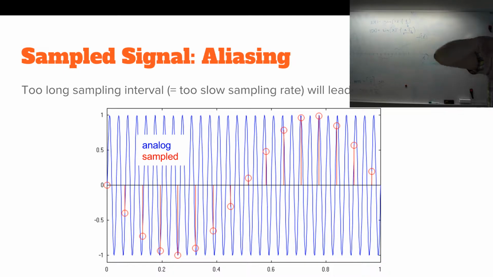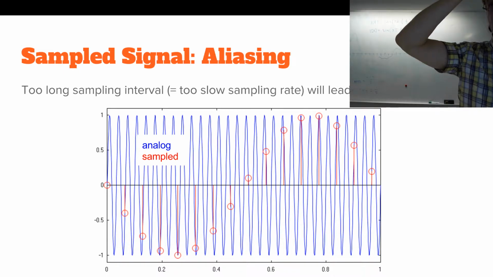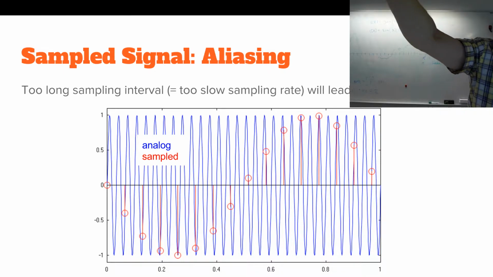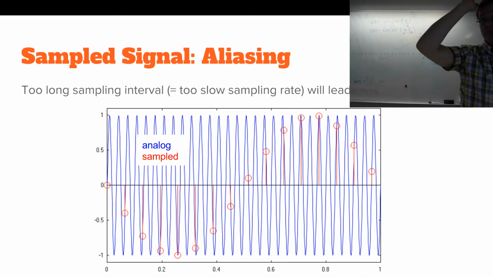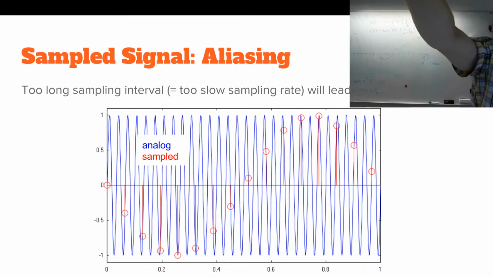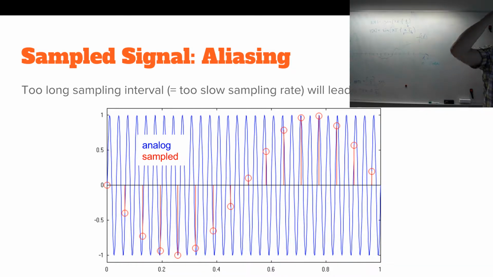The blue one is the continuous time signal, and the red one is the sampled signal, where we have selected the sampling frequency or sampling rate at totally the wrong kind of value. It still looks sinusoid, but it's a little bit different frequency from the original one. So that's called aliasing. You can sample only signals with frequency lower than Fs over 2.